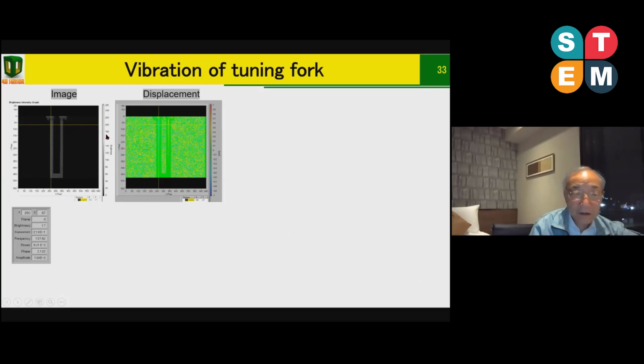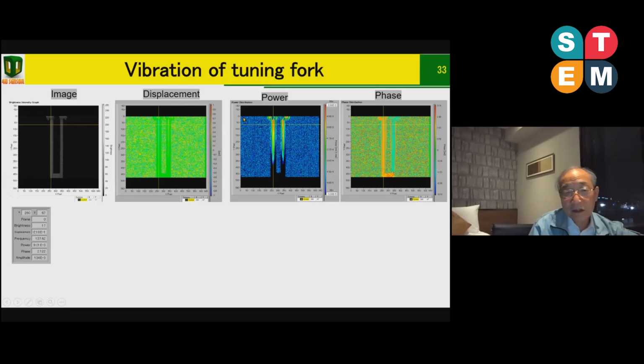This is the result. This is the image of the grating. This is the displacement difference. And this one is the power distribution, scale of amplitude. And this is the phase distribution.